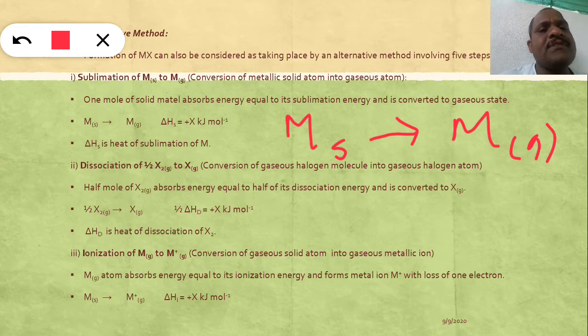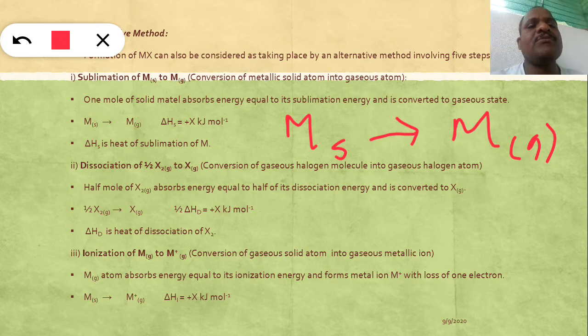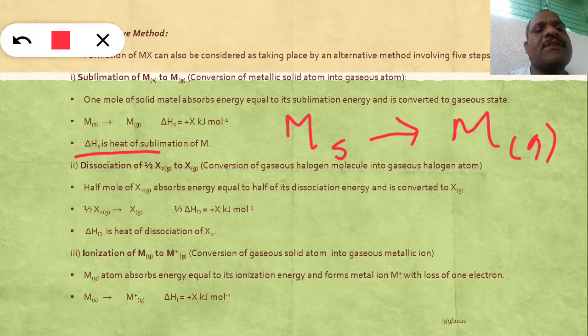So in the first step, metal solid directly converts into gaseous metal by absorbing some energy. The energy absorbed is considered as delta Hs.